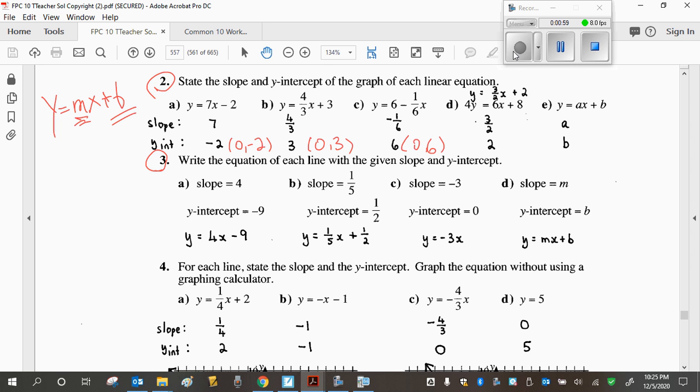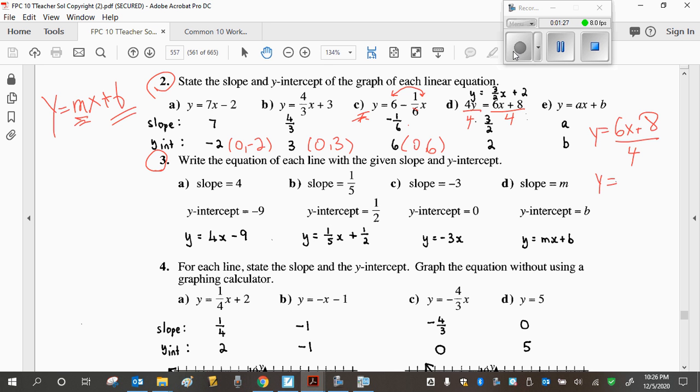This one is a little tricky. You just got to switch the terms or recognize it. It's not usually written like that, but if it is, you have to do that. They don't do a very good job of showing you what to do here. Here the slope is not 6 and the y-intercept is not 8. You have to divide by 4, and when you divide by 4, you divide each term by 4.